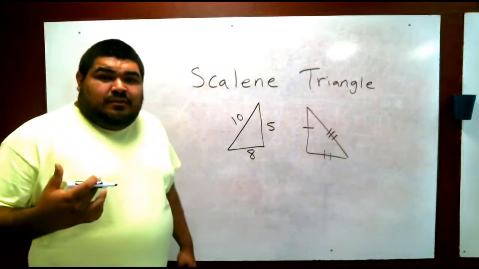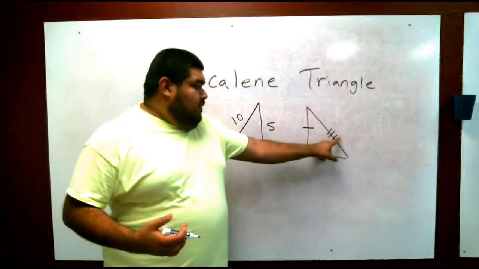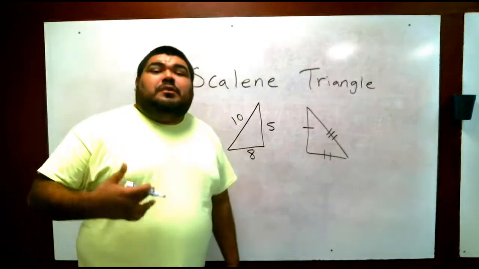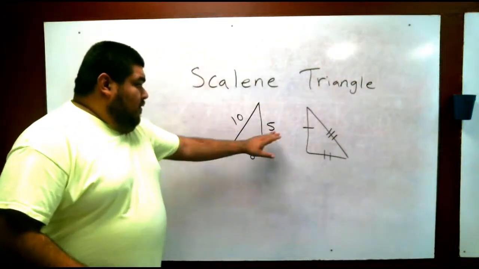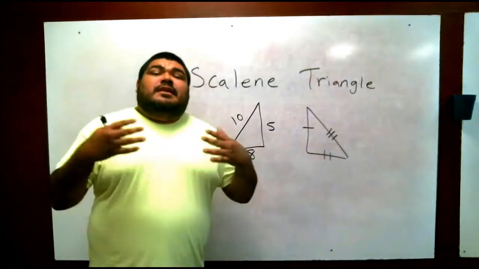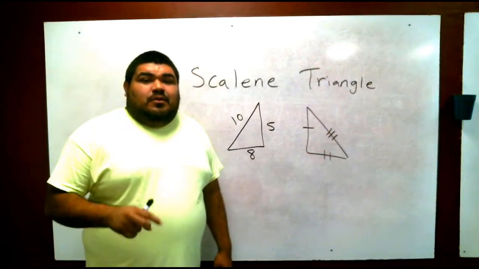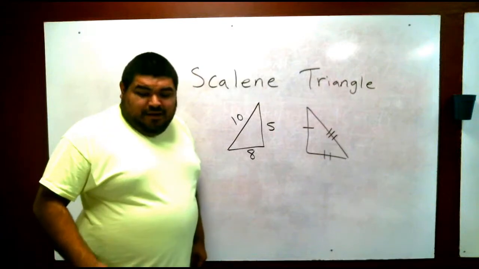The lines mean, notice that there's 1 line, 2 lines, 3 lines. When that happens, it's telling you that all the sides are different. So if all the sides are different measurements, or if you see all different lines, then they are scalene triangles. Okay? We have 2 more to go. Make sure you have it in your notes before I erase it.